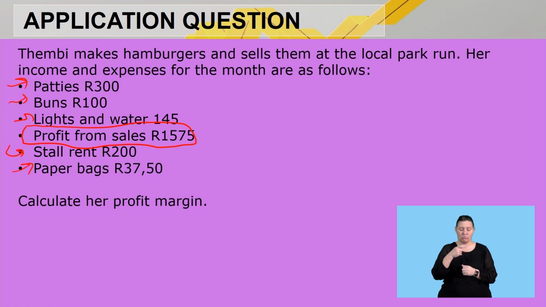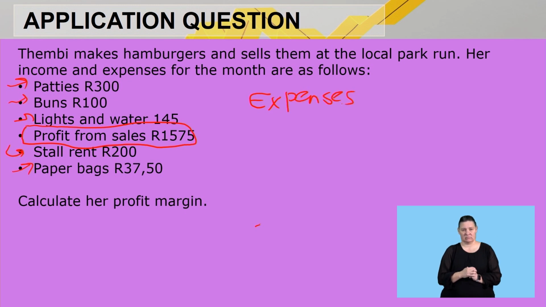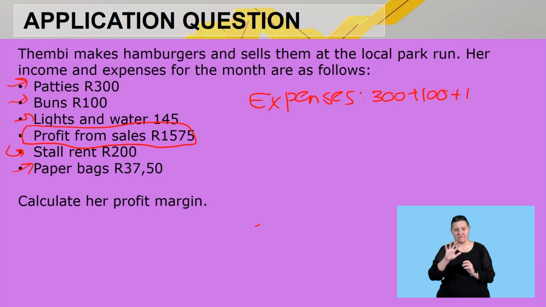When we want to calculate the profit margin, that means it's the percentage profit. So it's the profits over 100 or a percentage. But let's make some space to work with. First, we need to calculate her expenses. So we're going to say the 300 Rand for the patties plus the 100 Rand for the buns plus the 145 Rand for the water.